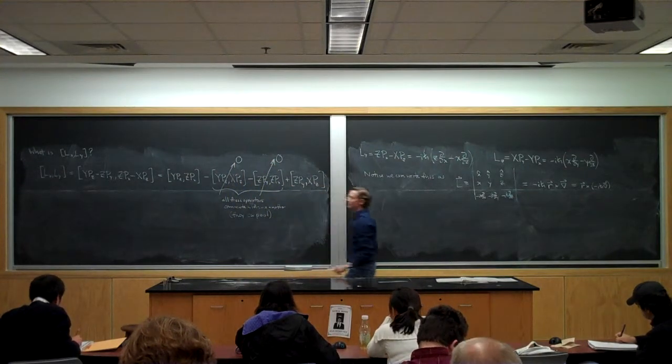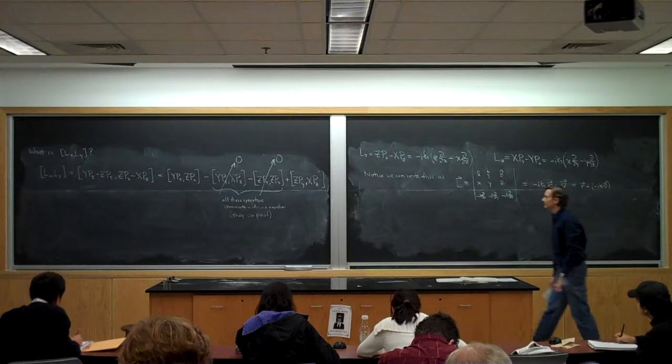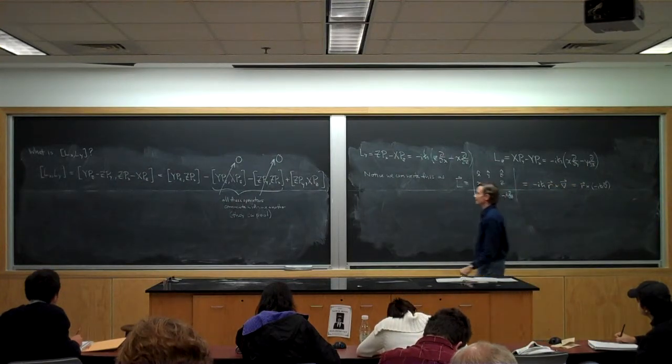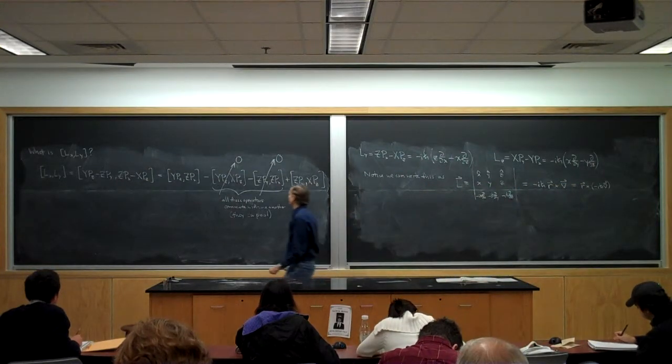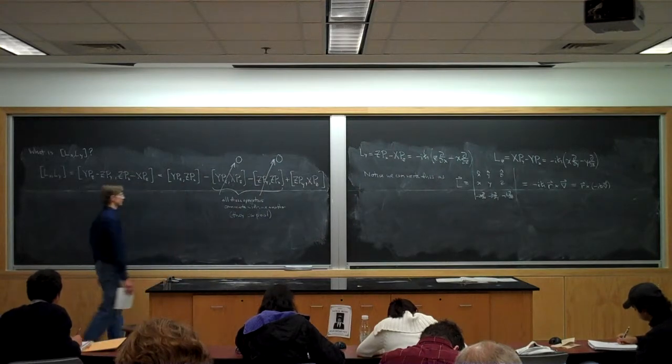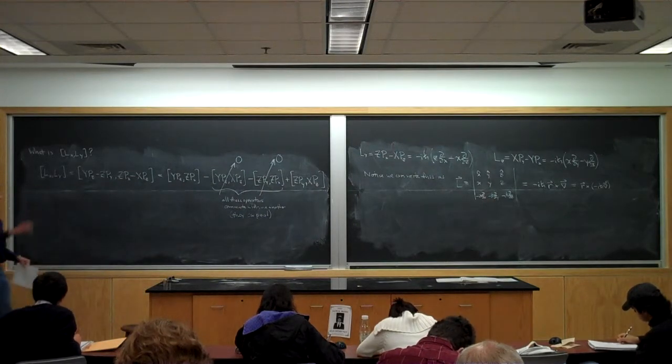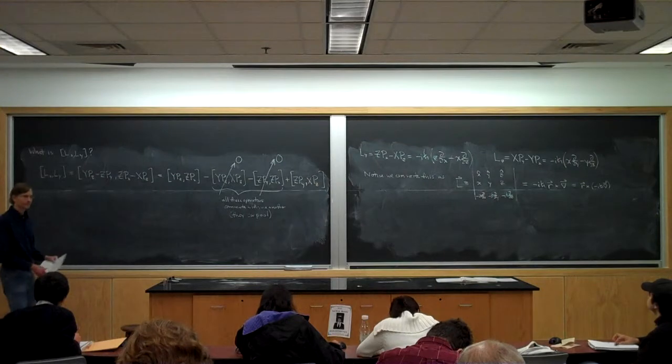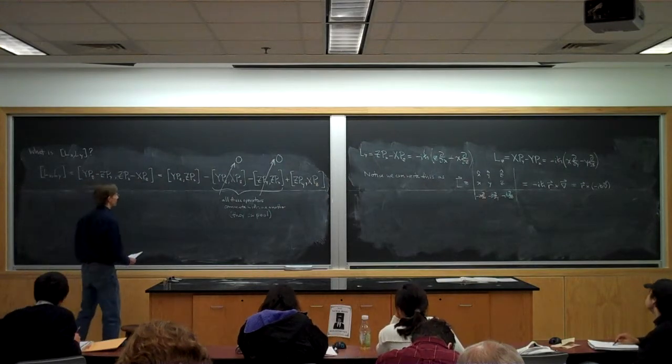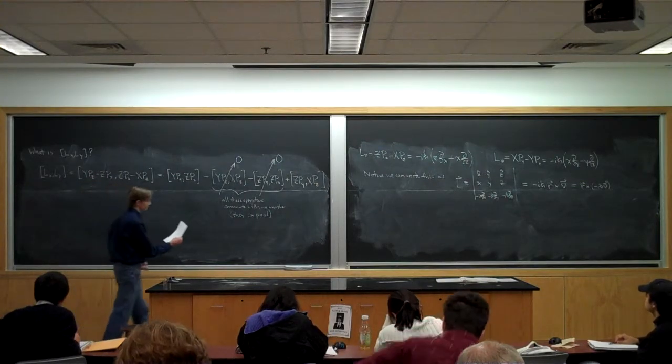That means those two commutators go away. Because everything you form out of those is going to commute. It's going to be same forwards and backwards. So those terms go away.